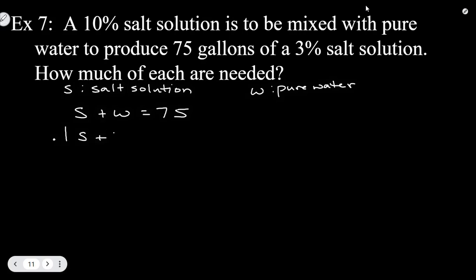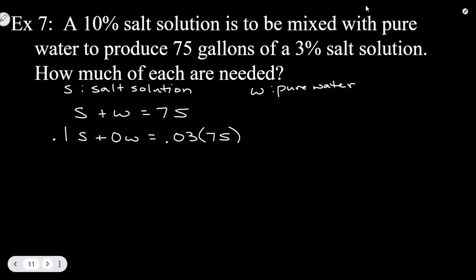Equals 3%, 0.03 times 75, the total. Does it make sense? This is the number of gallons of salt solution, so 10% times the gallons of salt solution, 0% times the gallons of water, and then 3% times the 75 gallons total, because your end solution is supposed to be 3% salt.